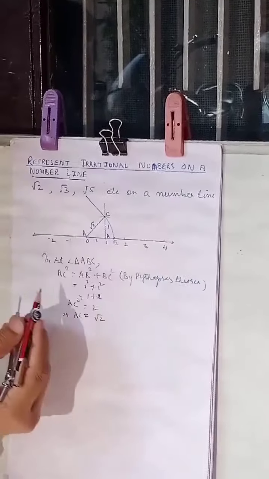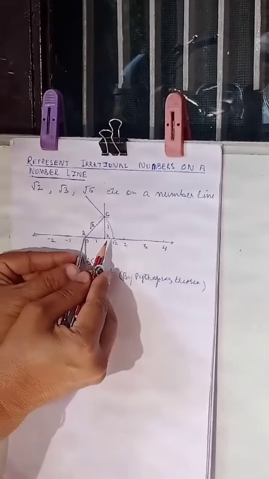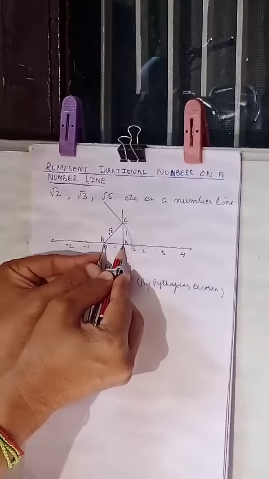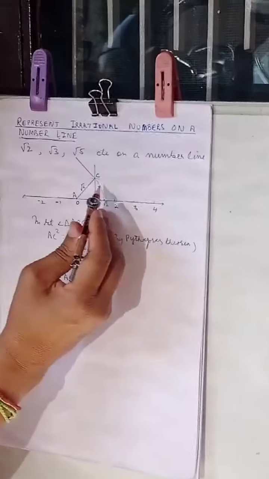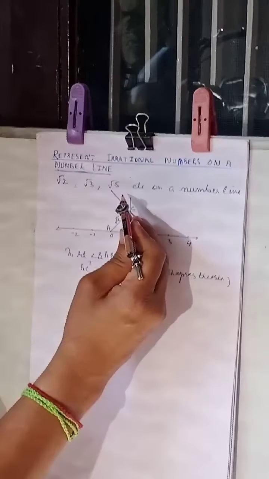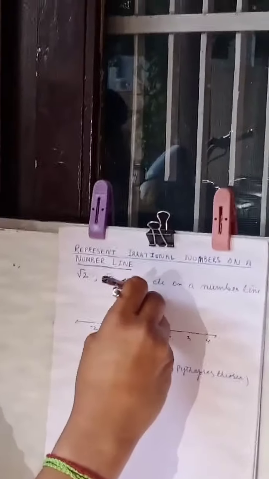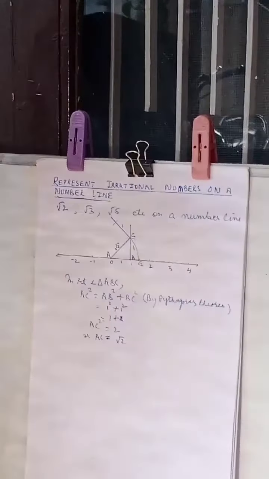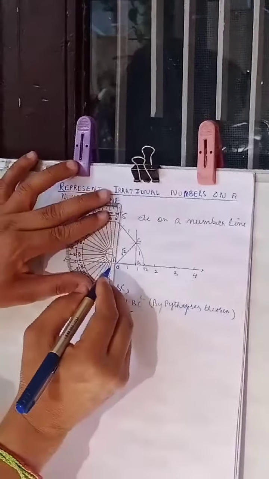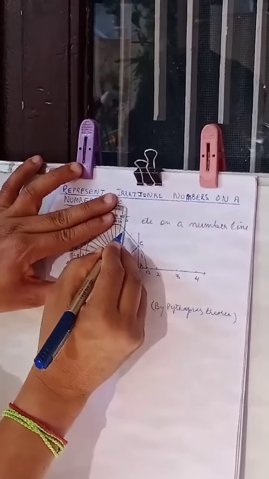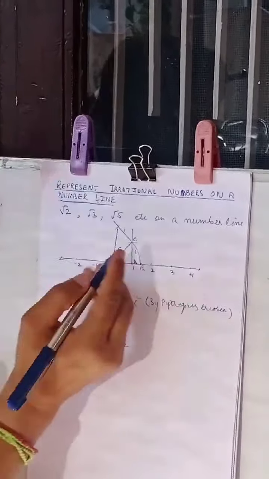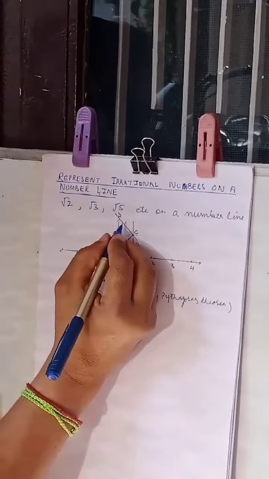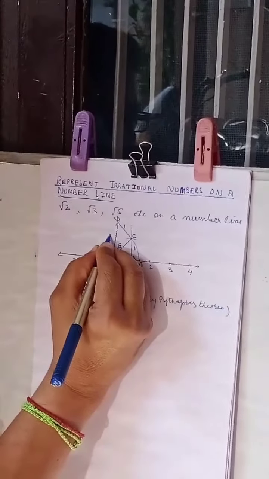Since this is root 2, now again take a length equal to 1 unit. जैसे हमने शुरू किया था, इतना कंपास खोला, because AB and BC दोनों 1 थे, तो यहाँ से भी हम एक आर्क लेंगे. सेम कितना? 1 unit. This is again 1. Now join these 2 points. Let this point be D.